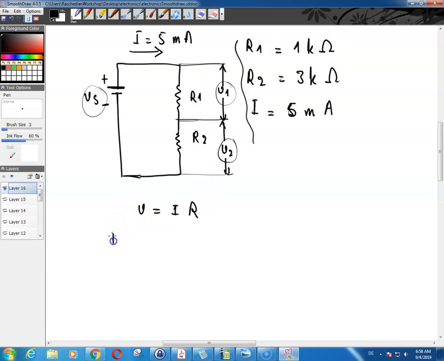So if I is equal to 5 milliamps and R1 is equal to 1 kilo ohm, and you multiply these together, you get the voltage drop across just this resistor, which is V1. So I can write V1 is equal to I times R1.